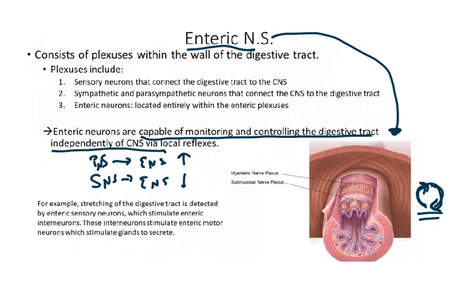So yes, there is central nervous system and peripheral nervous system input to the enteric nervous system. But it is also capable of having all that it needs to act independently. We hit on the enteric nervous system a bit more when we talk about the digestive system in ANP2.